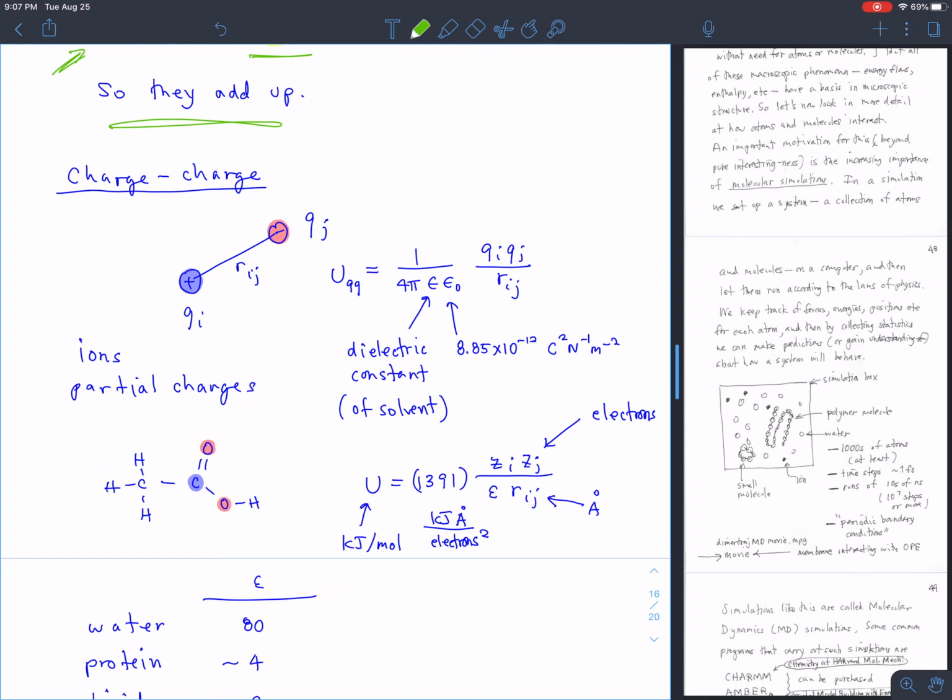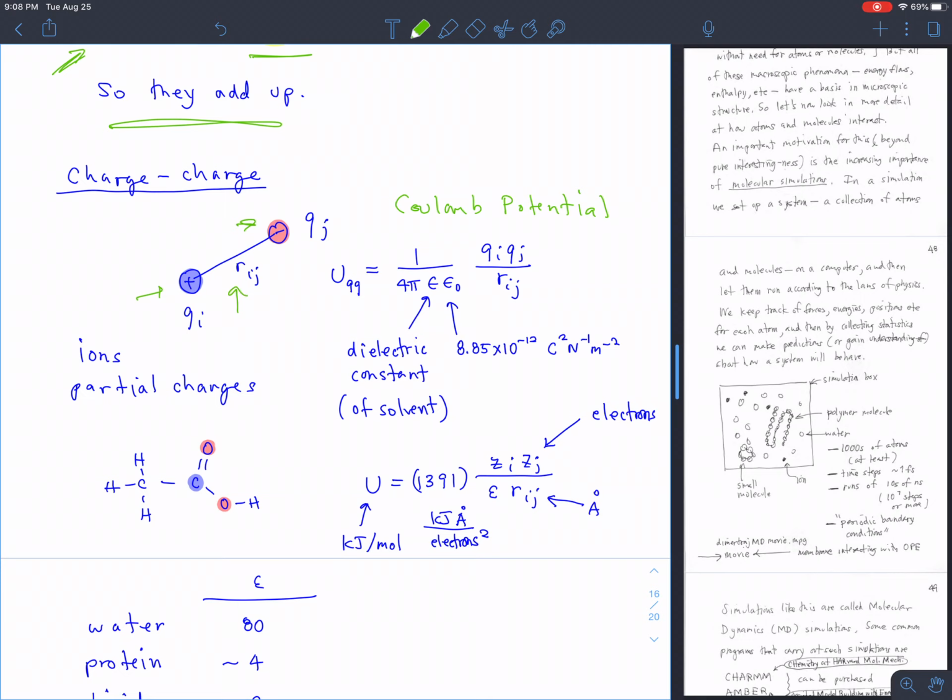The next thing is charge-charge interactions. This is called the Coulomb potential. It comes from physics, from electrodynamics, or electrostatics, really. And it's a very standard, absolutely bread and butter kind of interaction between any two charged groups.